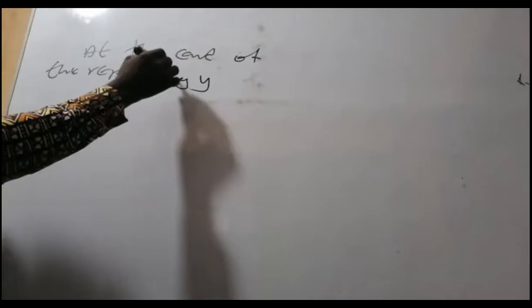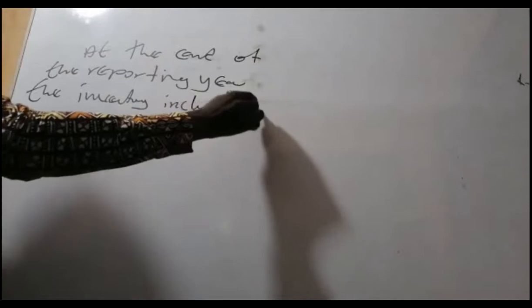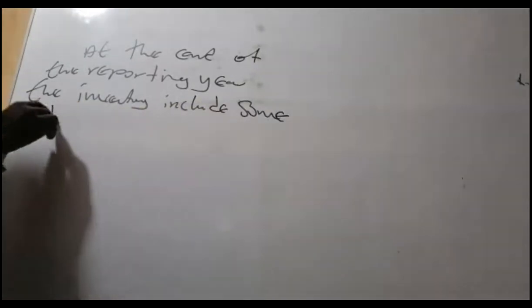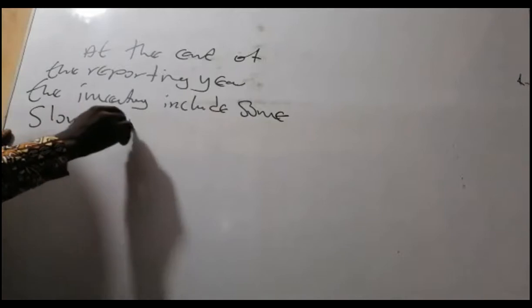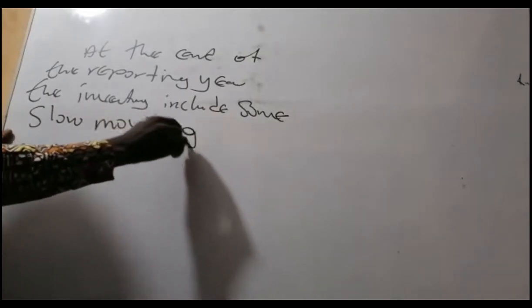At the end of the reporting year, in fact, it's an extract I'm picking from somewhere. At the end of the reporting year, the inventory includes slow moving inventory, slow moving goods or damaged goods.